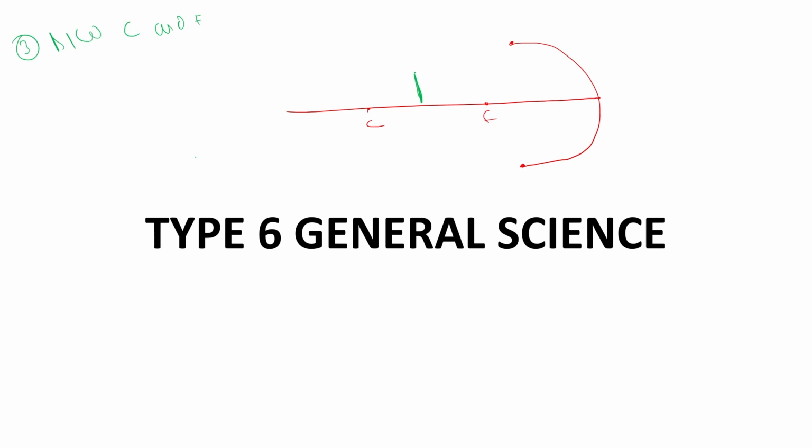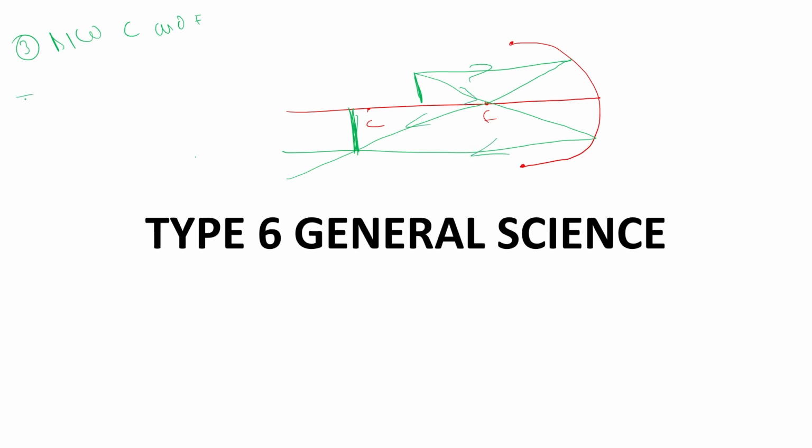This is the object. The first ray will go like this. The second ray will go like this. Or if we make it more precise, then this will be the image point. First ray goes like this. Second ray goes like this.